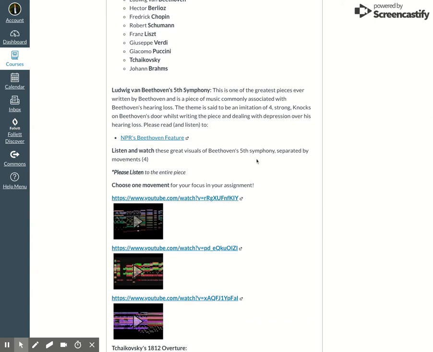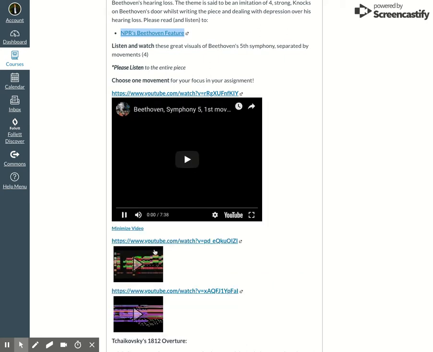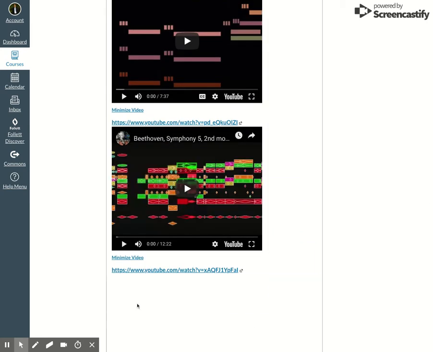All right, so for this assignment, I gave you 3 different big movements of Romantic era composers. One is Beethoven's Fifth Symphony, which is one of the first Romantic era symphonies. Check it out and read this if you choose to work on this one. Below are the different movements.